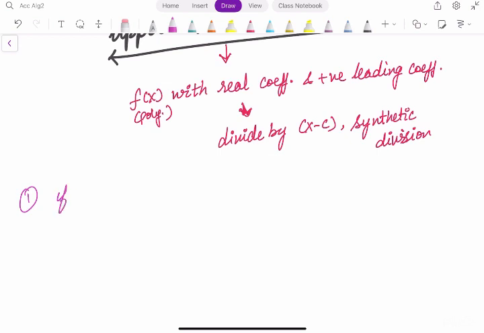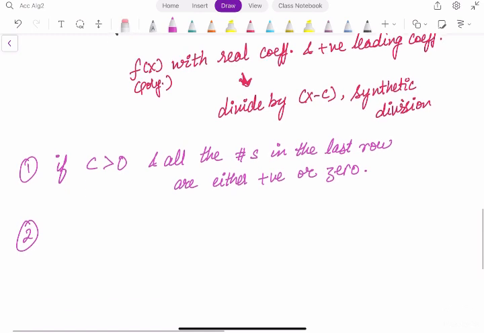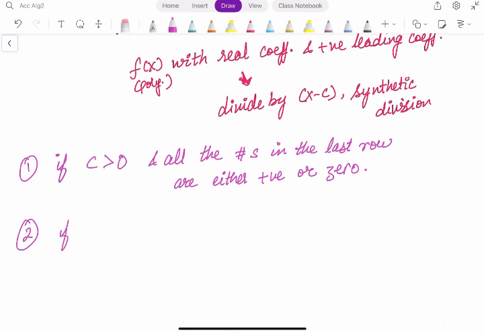The first one, if c is greater than 0 and all numbers in the last row, after you are done with the synthetic division, are either positive or zeros, then c will be an upper bound.